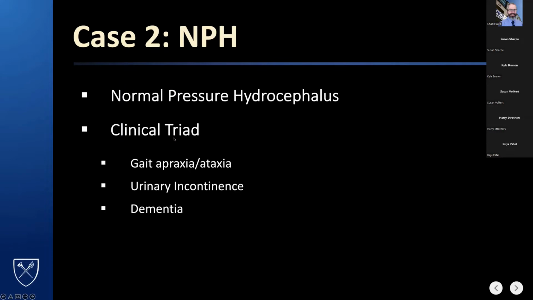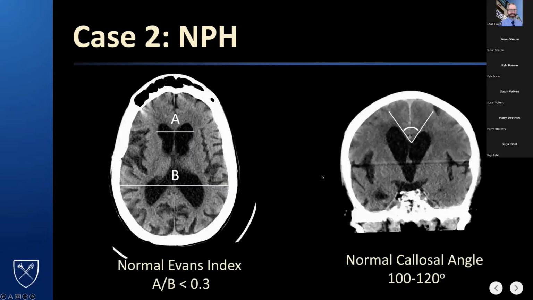So normal pressure hydrocephalus, this is the clinical triad. I wanted to focus on some of the imaging approaches to making this diagnosis, either on CT or MR. One is calculating an Evans index, basically looking at the size of the ventricles to the size of the internal aspect of the skull. The idea here is that as the ventricles get big, this index gets larger.